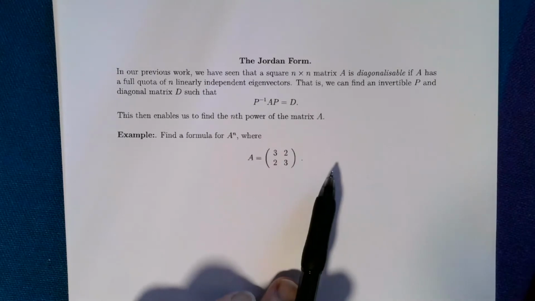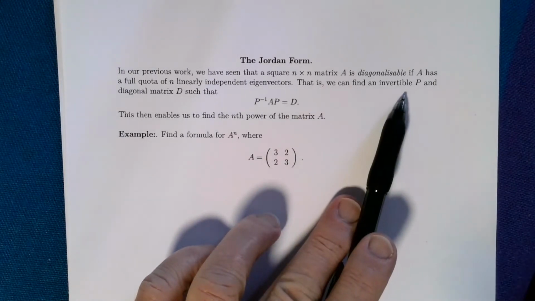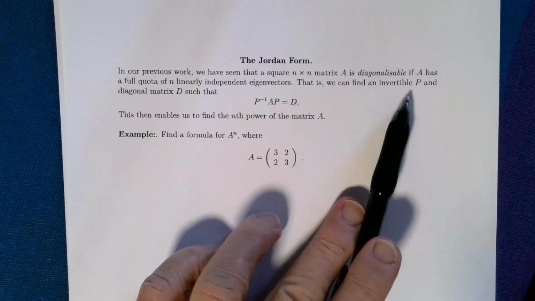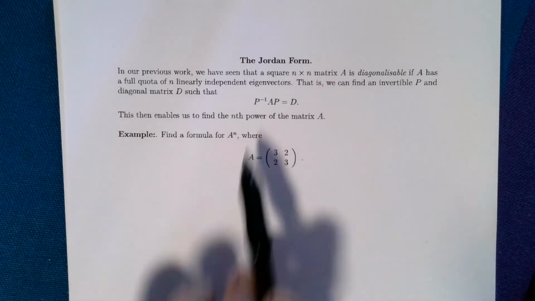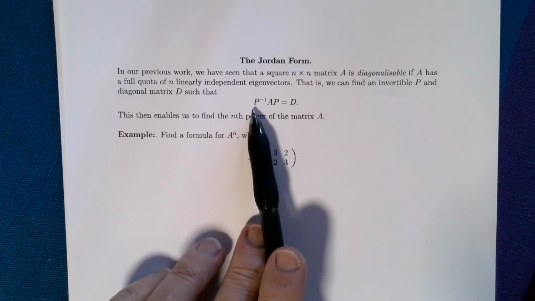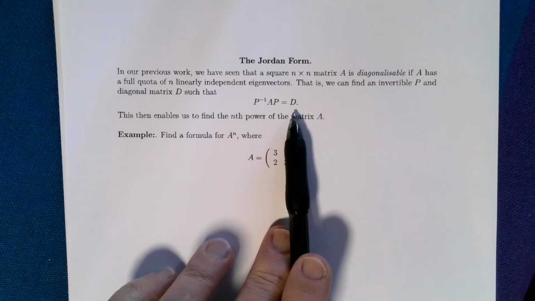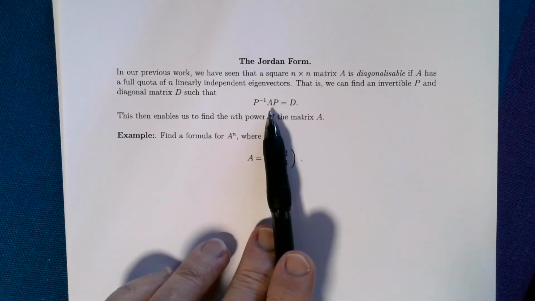And that is, you can plug those into a matrix P, which is then invertible because the independent eigenvectors are linearly independent, and there are n of them. And you can get a diagonal matrix D, so that with a change of basis from a standard basis to an eigenbasis, you can show that P inverse AP gives you the diagonal matrix. And from that, you could then calculate the nth power of the matrix A.